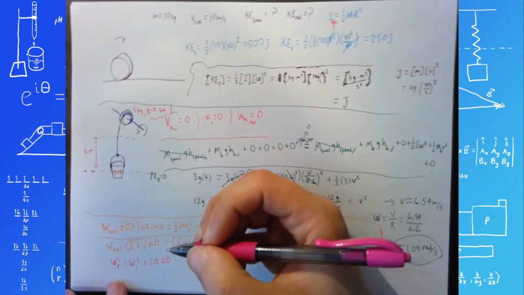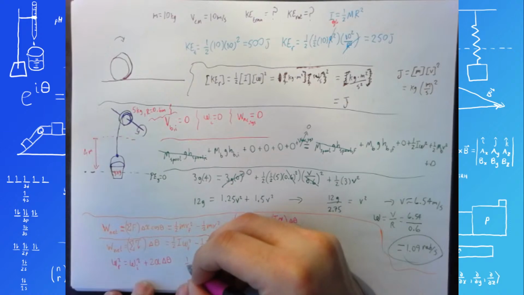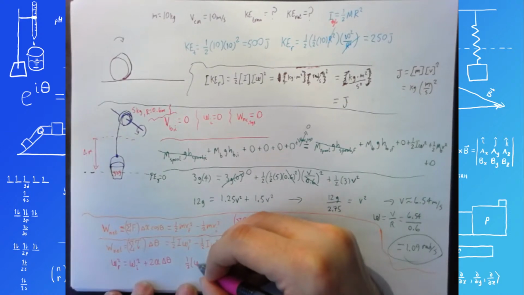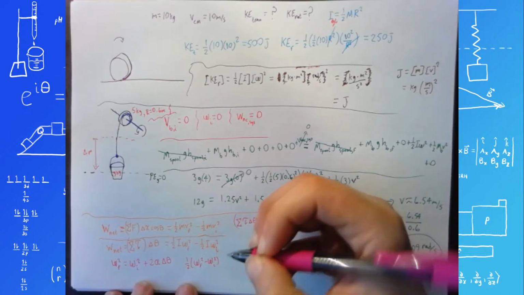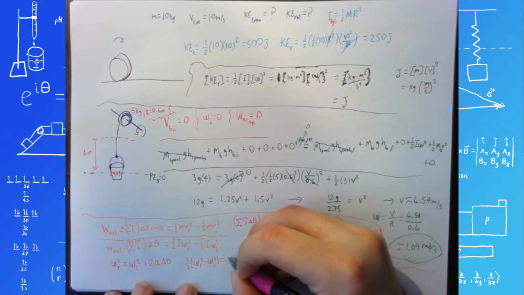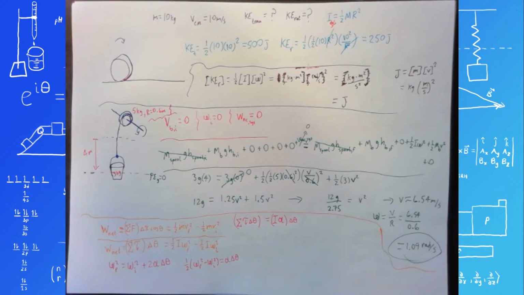So if I subtract omega initial squared and divide by 2, then I get 1/2 times omega final squared minus omega initial squared equals alpha delta theta. We subtracted omega initial squared and then divided the whole thing by 2, which is the same as multiplying the whole left side by 1/2. So that is alpha delta theta.